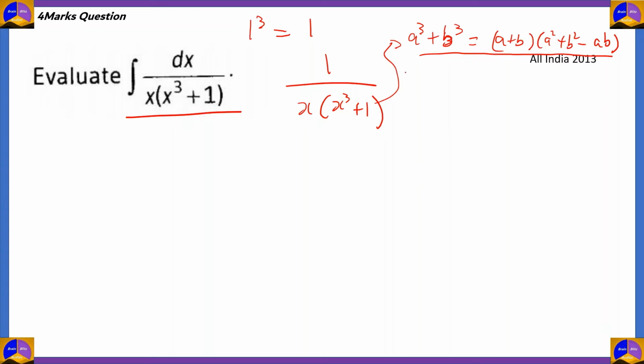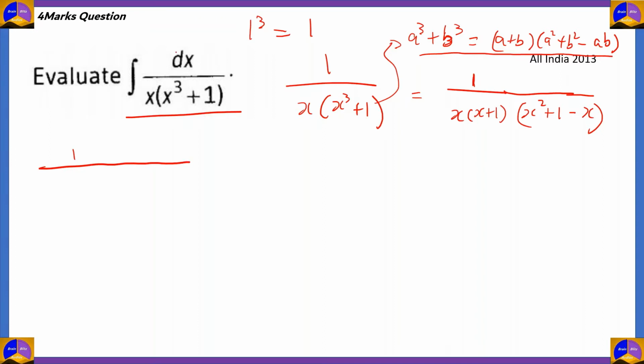So this whole value now becomes 1 divided by x times x plus 1 times x squared plus 1 squared, minus x times 1, so minus x. So basically, we have the value inside the integral sign as 1 by x times x plus 1 times x squared minus x plus 1.